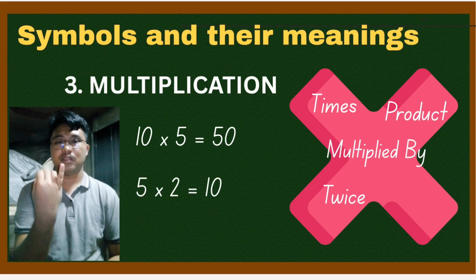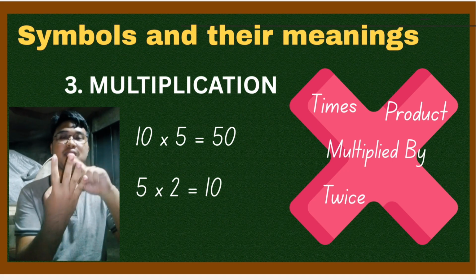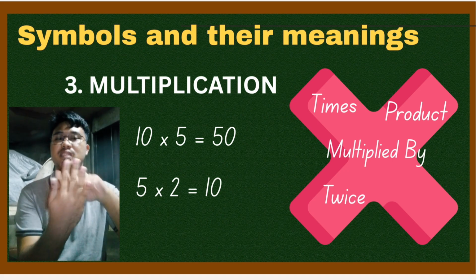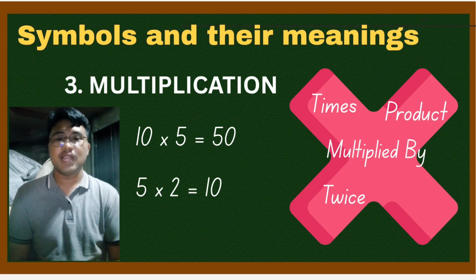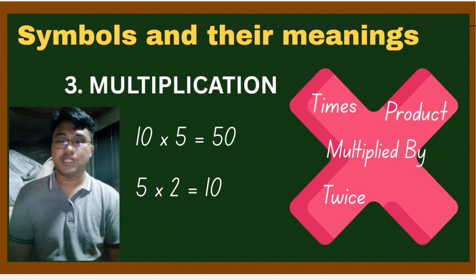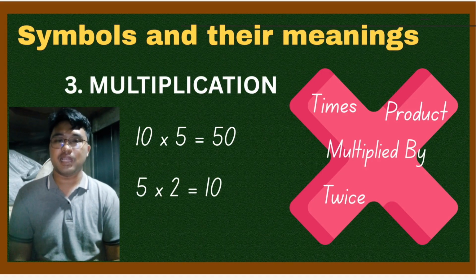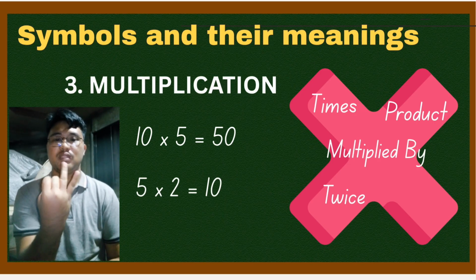So 10 plus 10 plus 10 plus 10 plus 10 is equals to 50. And the next example is 5 times 2 is equals to 10. It means 5 is taken 2 times. So 5 plus 5 is equals to 10.